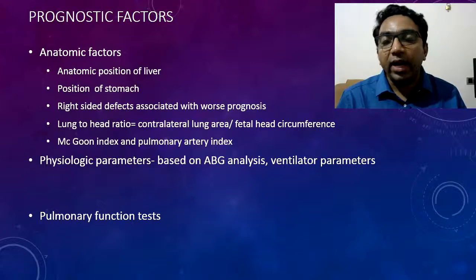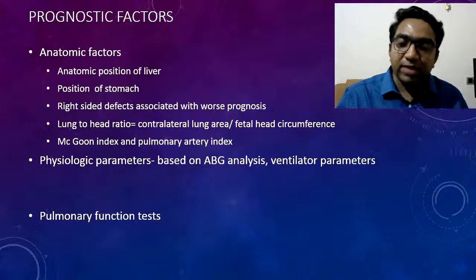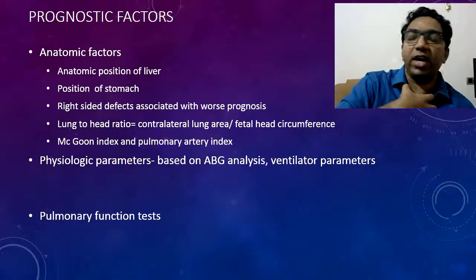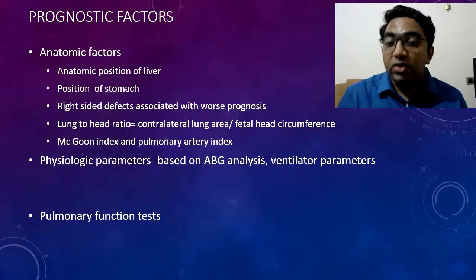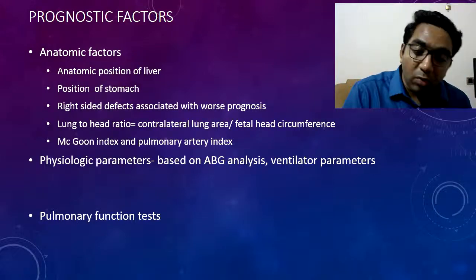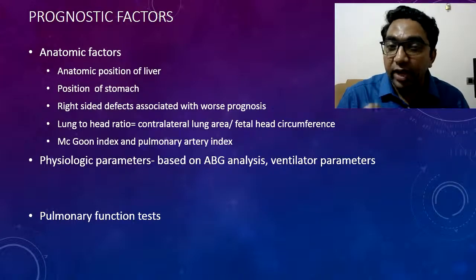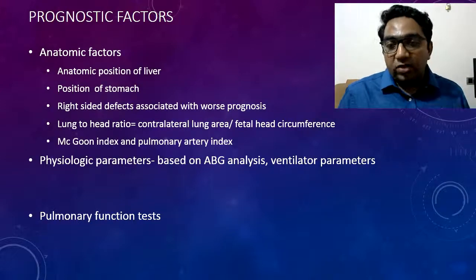When the contralateral lung is also compressed by the contents of the bowel on one side, suppose the bowel is herniated onto the left side and it is compressing the contralateral lung, the development of the contralateral lung will also be reduced. So if the contralateral lung area is decreased, the chance of pulmonary hypoplasia is more, and the chance of the patient going into respiratory failure is high. So lung to head ratio also is an important prognostic factor.